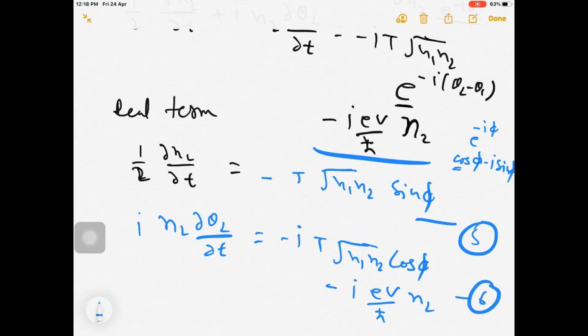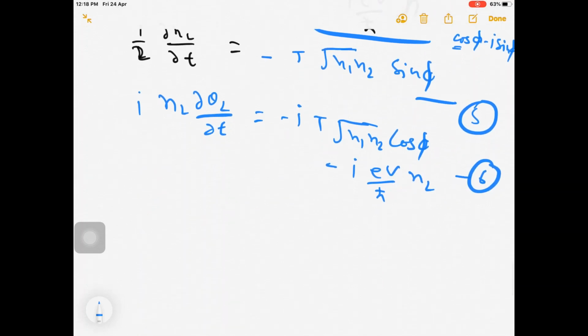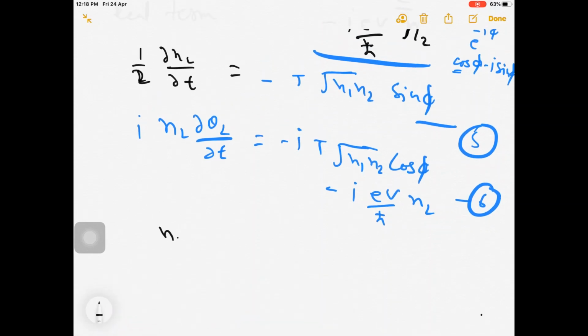This is equation number 6. So again we obtained 4 equations for the AC Josephson effect, as we obtained in the DC Josephson effect, and these 4 equations are the result.